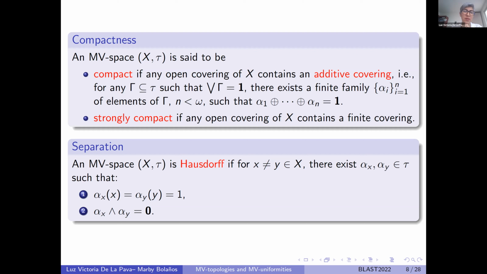And the space is strongly compact if any open covering of X contains a finite covering. We say that an MV space is Hausdorff if for each two different elements x and y of X, there exist two open sets, alpha_x and alpha_y, such that alpha_x(x) is 1 and alpha_y(y) is 1, and there is this join condition in this sense.